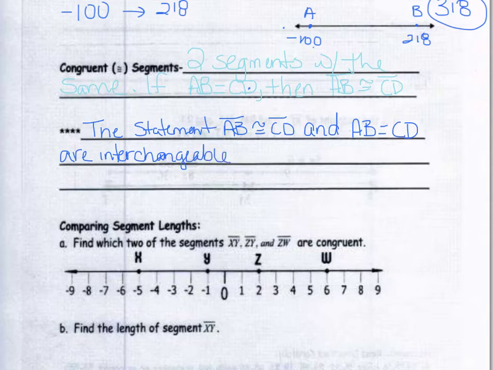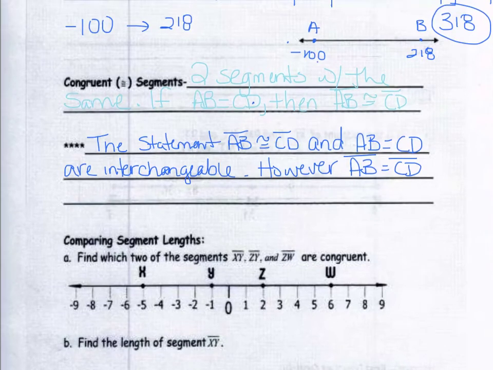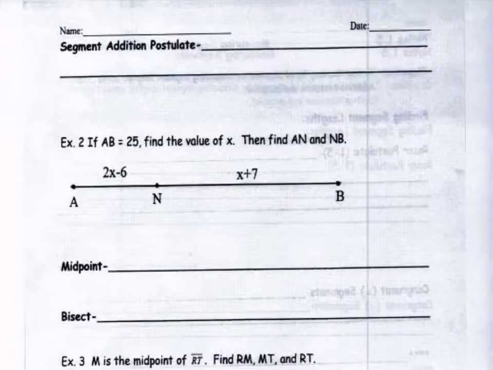I'm trying to go fast because the bell's about to ring. So, however, AB equals CD is not okay. You can't use the segment symbol with an equal sign, okay? Next slide.